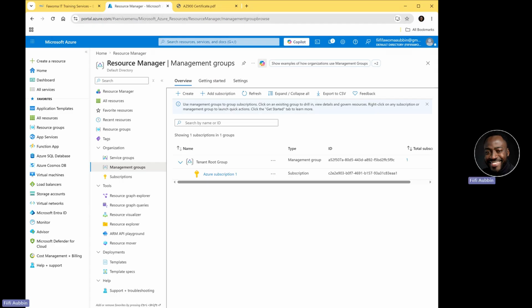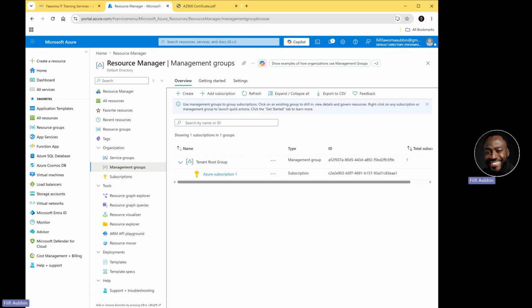An example could be a multinational company with offices in the UK, Ghana, Nigeria, South Africa, and Canada. Instead of managing each country's Azure subscription separately, the organization can place all of them under a single management group. That way, policies can be inherited automatically, making administration much simpler.